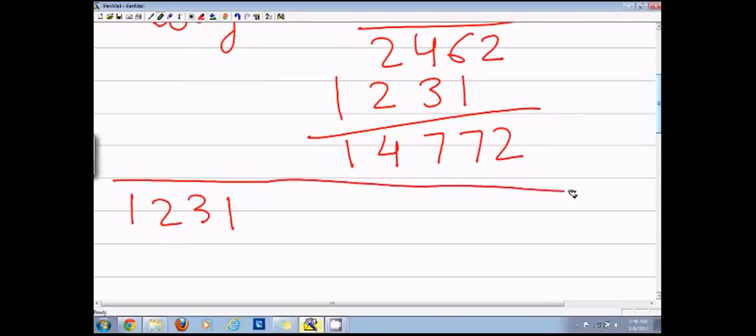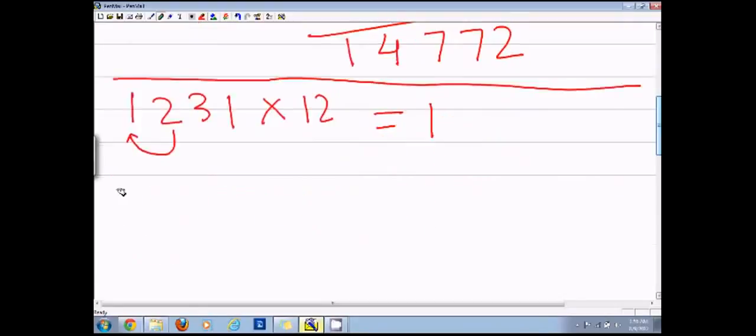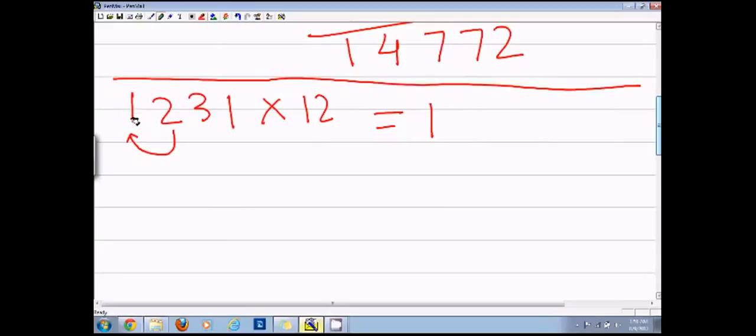Now if I look at the problem again, I say 1231, and now I will use my own way, so I will multiply it by 12. What I'll do is first write 1, and then add 2 into 1, but instead of adding it one time I will add it two times.